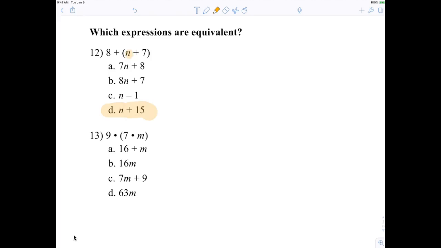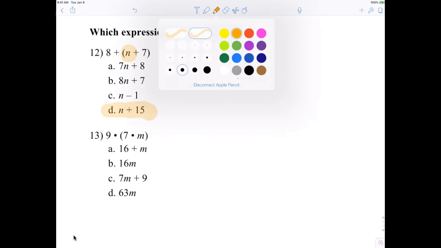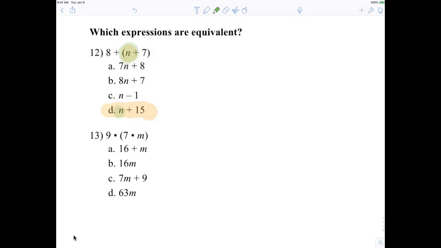For example, n is a variable. The only thing we can add to n is n's. So all we did is look at this n, and it stays there. Then we take the 7 and the 8 and add them together to get that 15. Easy explanations. Anybody else have a problem?